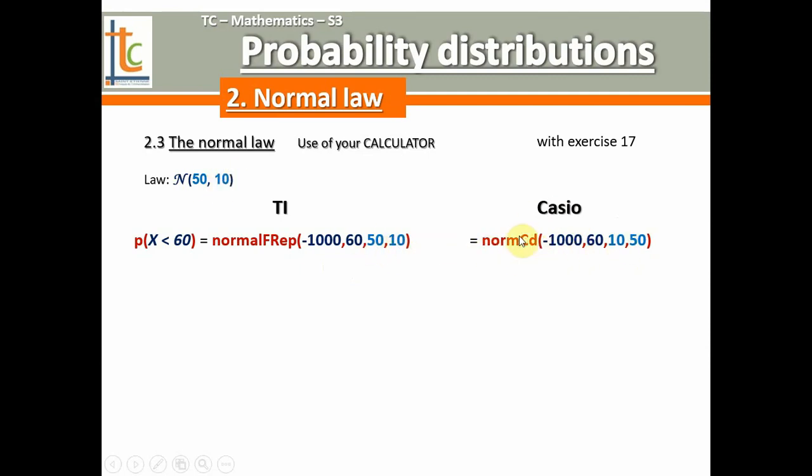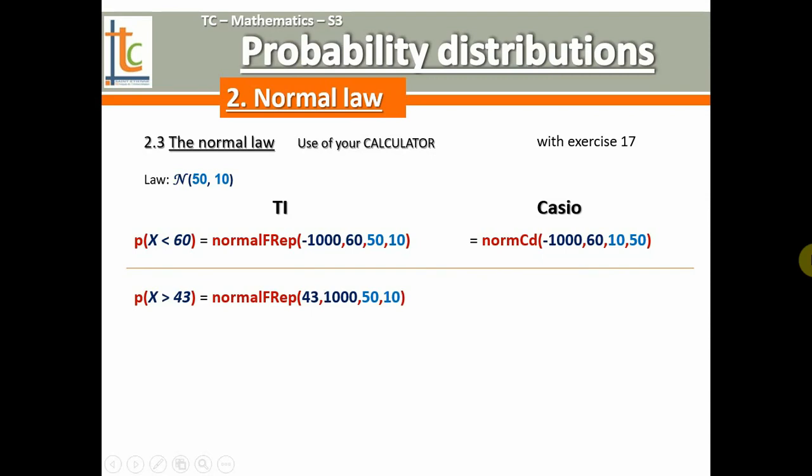Norm CD can be reached with the key option and then the item on screen stat and then the sub-item dist, option stat dist. Then you have to choose norm for the normal law and then NCD for normal CD. That corresponds to normal FREP for the Texas. That means a probability to be in an interval.